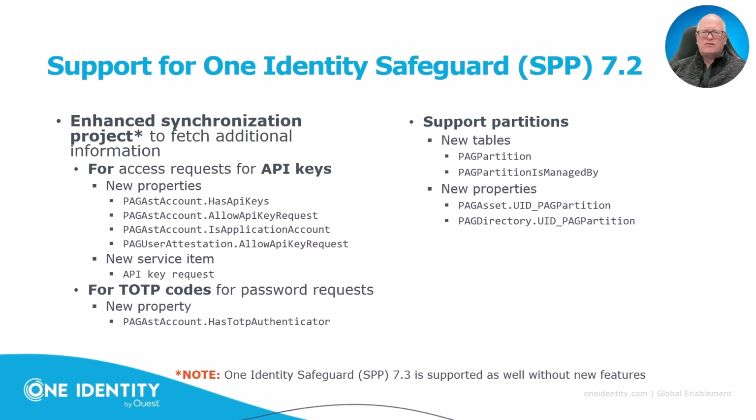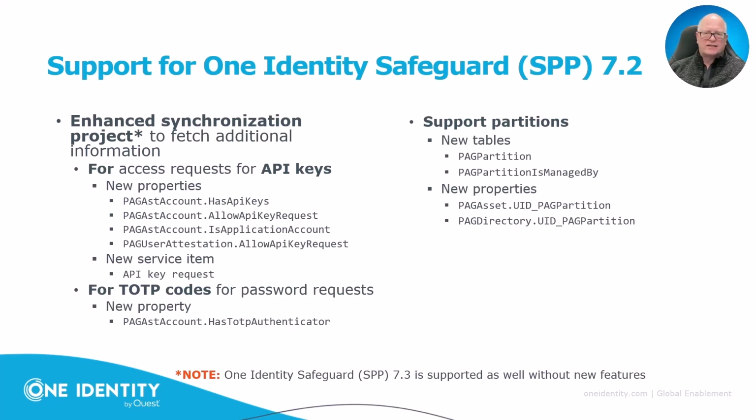As you can easily see, we now support One Identity Safeguard version 7.2 and, not on the slide, of course, 7.3. Important to know is that between 7.2 and 7.3, from an Identity Manager perspective, there aren't any differences. But it is good to know that 7.2 and 7.3 are also supported with the following new features.